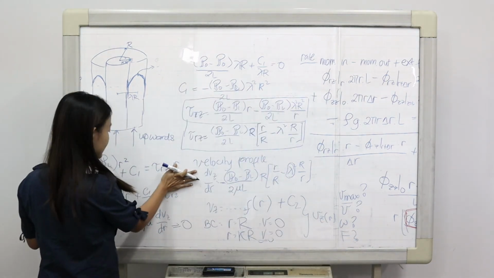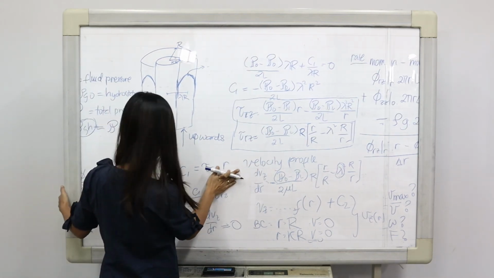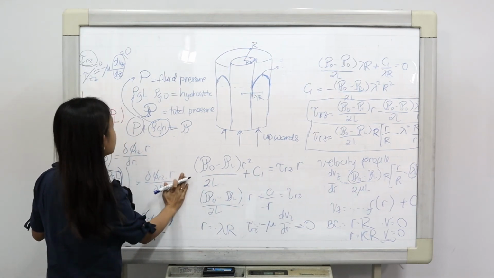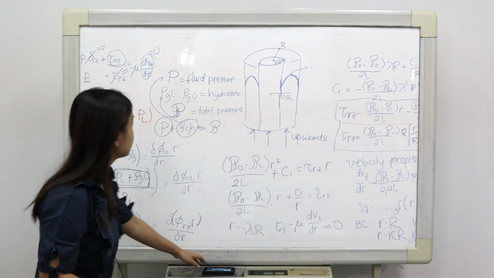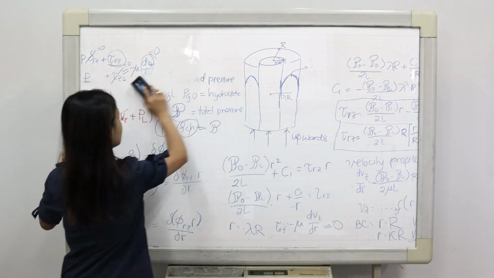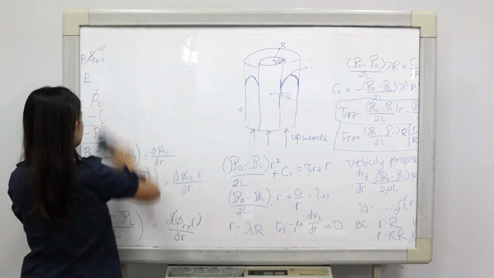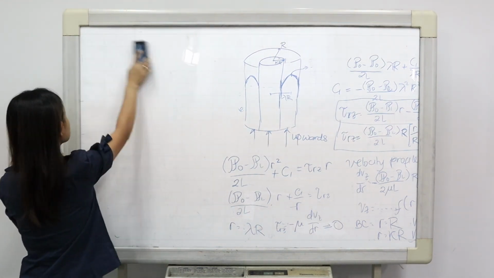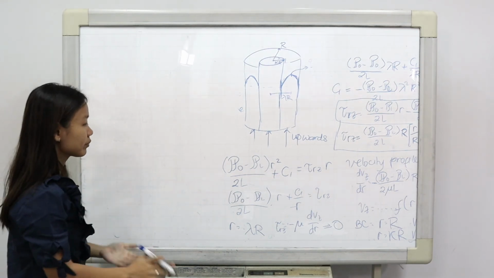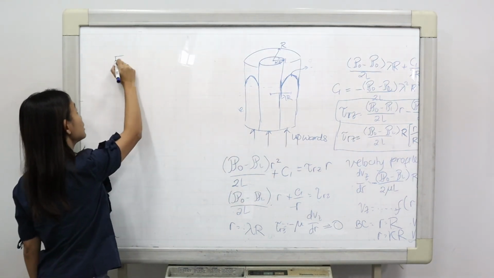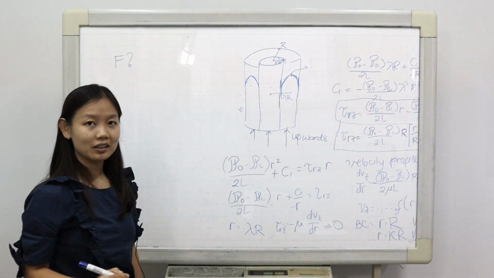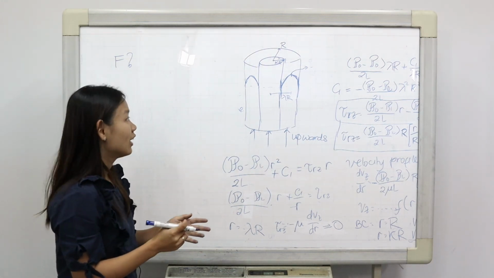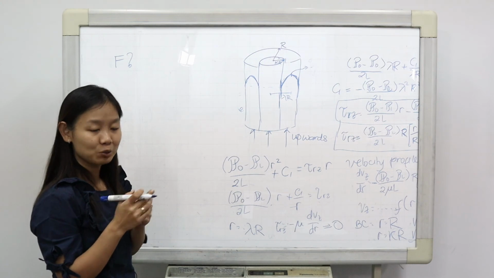Now if we look at our case here, if I want to know the force on the wall of the annulus, I will have two surfaces to be observed.